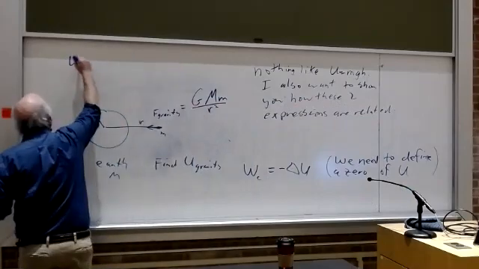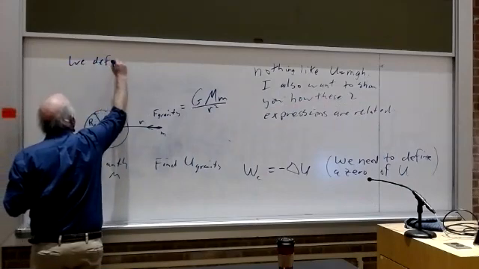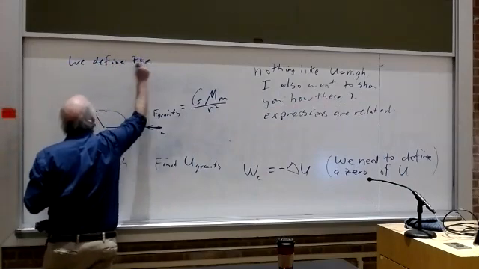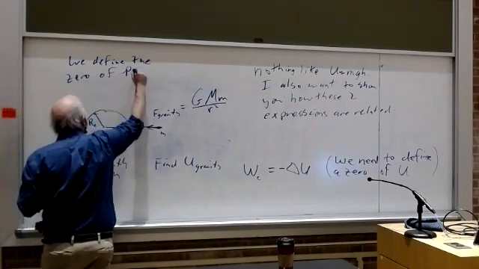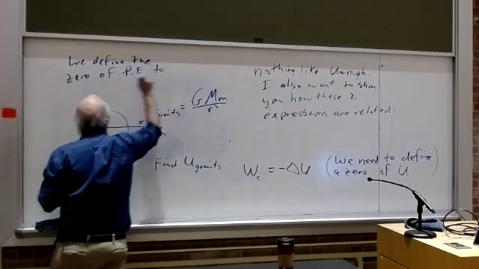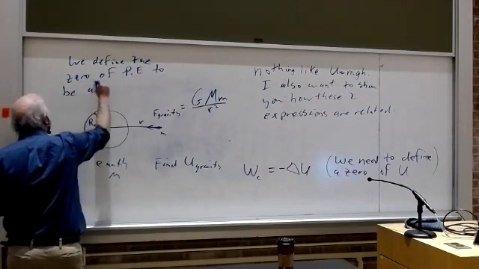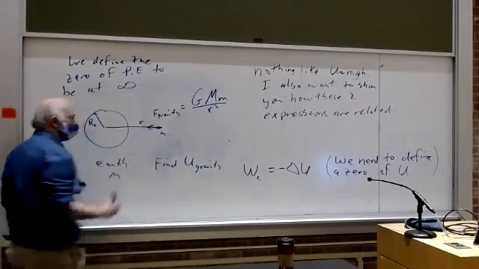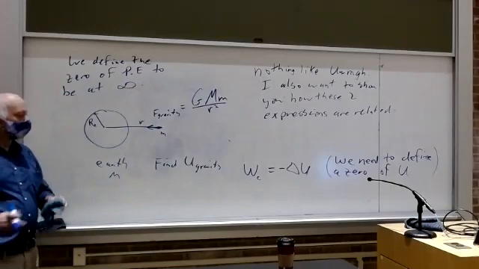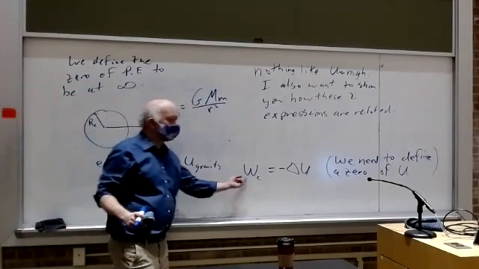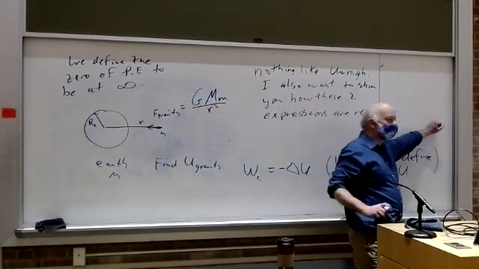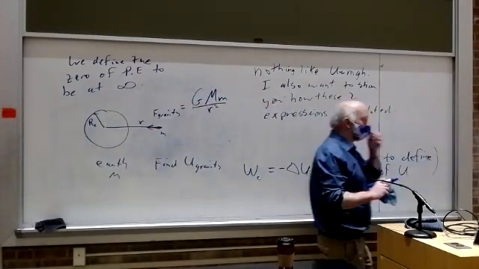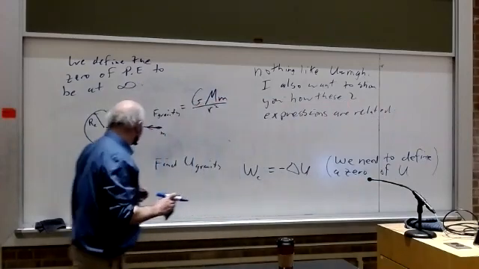Okay, so we define the zero of potential energy to be at infinity. So what we're going to do, we're going to calculate the work done by gravity, taking this object here and moving out to infinity, and then everything's going to fall out. Okay?